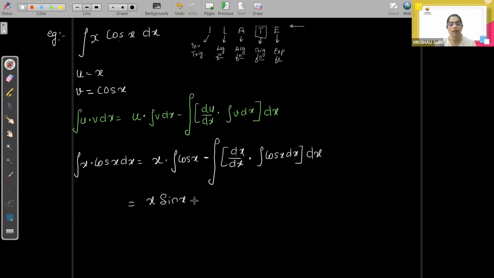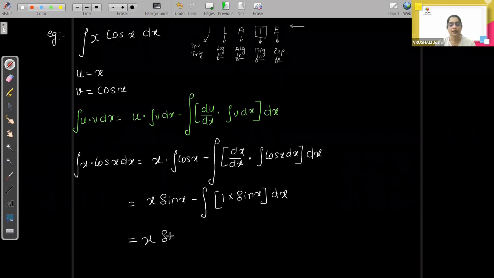Now, this will be equal to x into integration of cos x, which is sin x, minus integration of, what is this? Derivative of x is 1, into integration of cos x is going to be sin x, and this is dx. So what do we have here now? We have x sin x minus integration of sin x dx. Perfect.